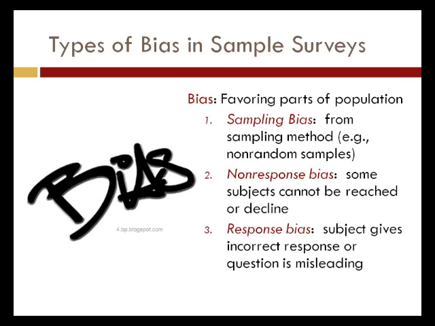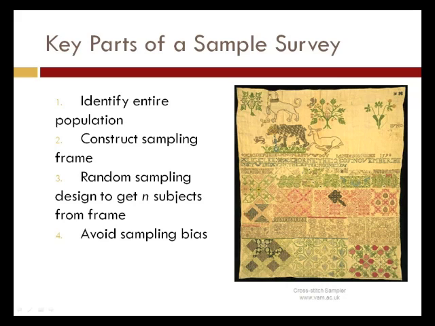Key parts of a sample survey, so you want to make sure that you have these. You want to identify your entire population, and you want to identify it accurately. Like if you did go to the comic book store, you're looking at comic book fans, those interested in comic books. You want to construct a sampling frame, and ideally you want to be able to list out the members of your entire population. That probably wasn't possible for almost all of you, maybe all of you.